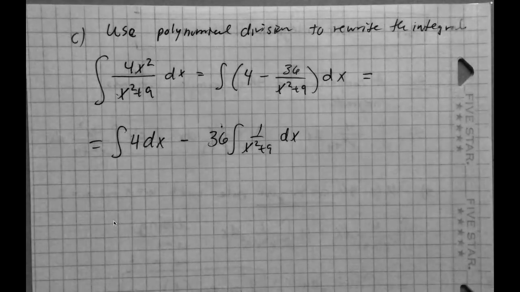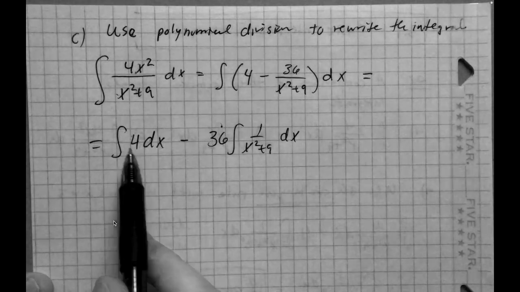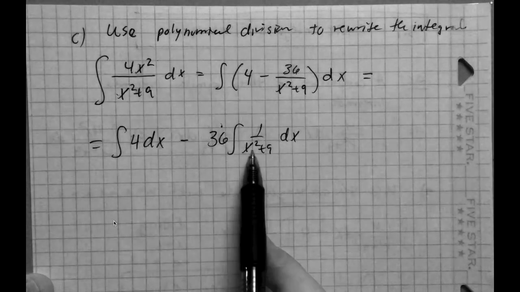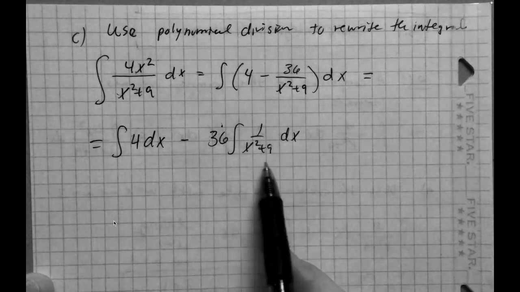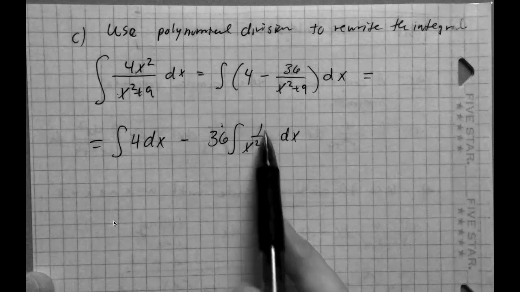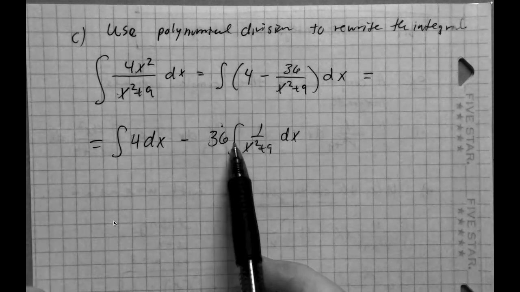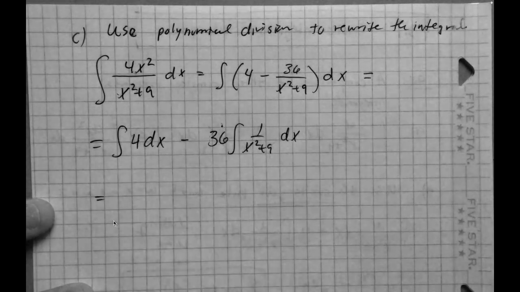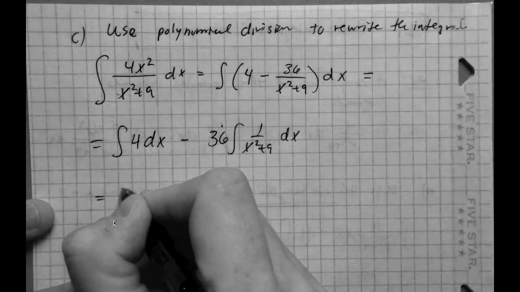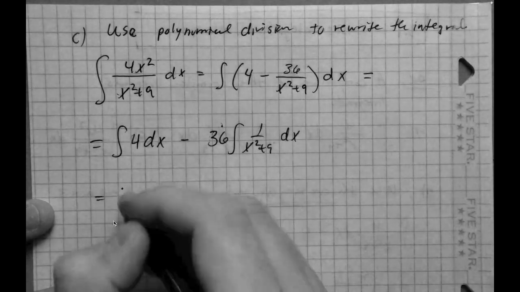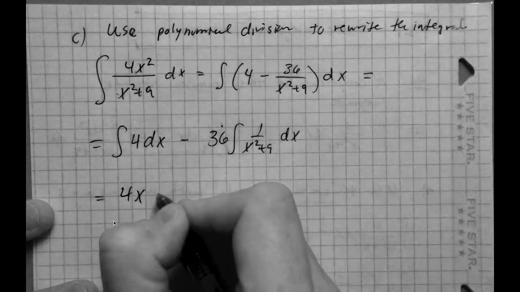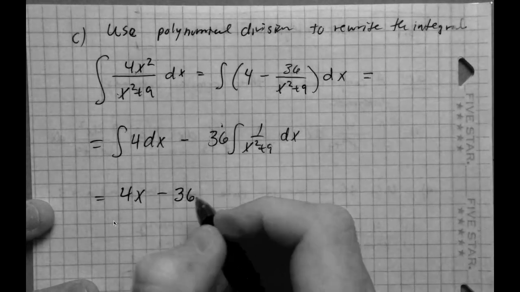Like so. Right, and then this part here is a straightforward integral, and then this one here looks a lot like the first integral we did, part A, where we're going to use the arctangent. Okay, so we can run through this, and we would get 4x for the first one minus 36 times.